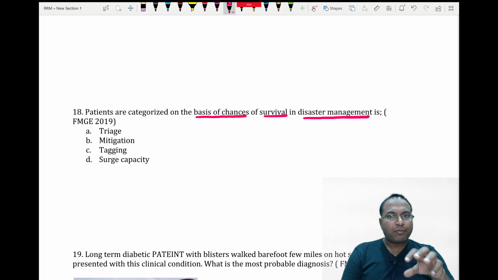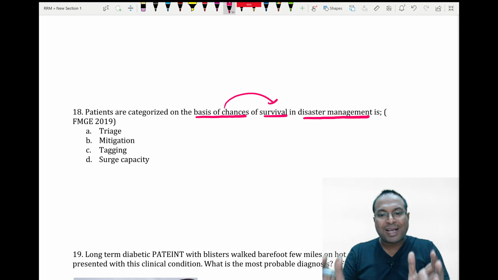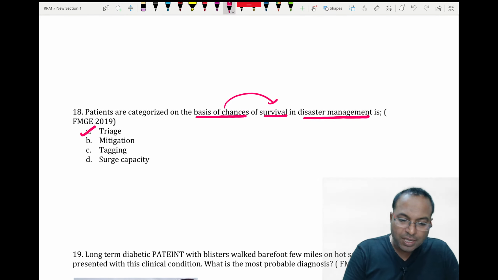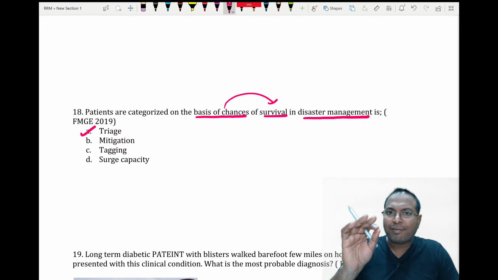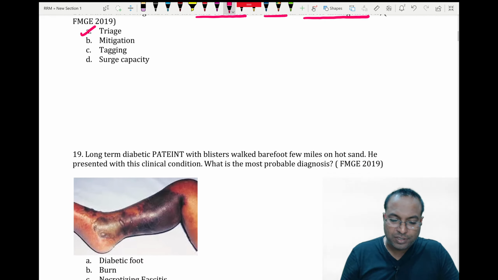FMG questions are very superficial clinical questions. This is a simple question on disaster management: when there is a mass casualty, how will you categorize the patients? The answer is triage. Never make a mistake on questions like these.